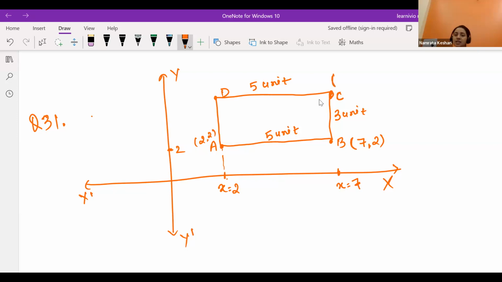So x will be the same, 7, and y will be 2 units, and already we have 3 more units, 5 units. So the coordinate of C only we were supposed to find.